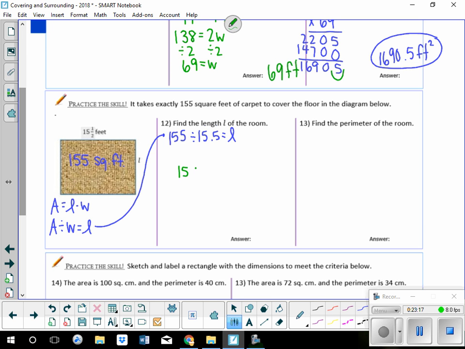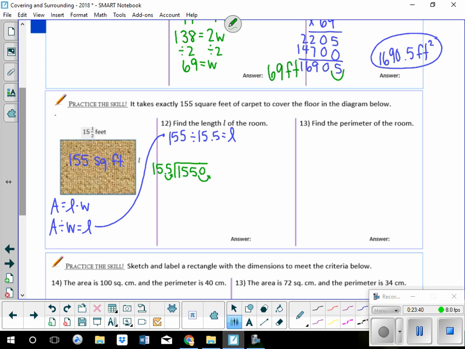Now remember that we cannot have a decimal in our divisor, so I'm going to move this decimal over one place, which means that I also need to move it over one place in my dividend. So my equivalent problem is 1,550 divided by 155.